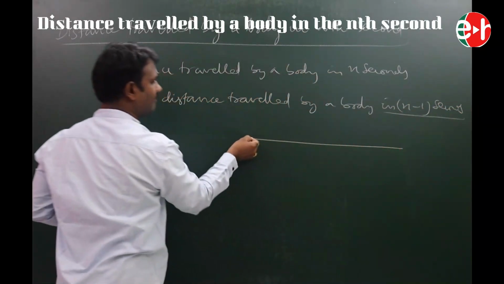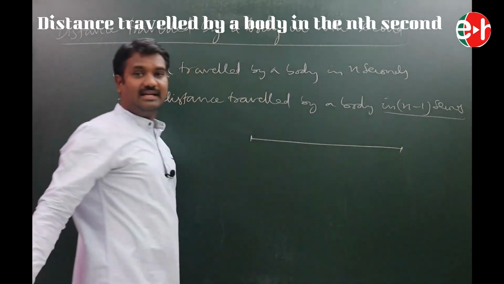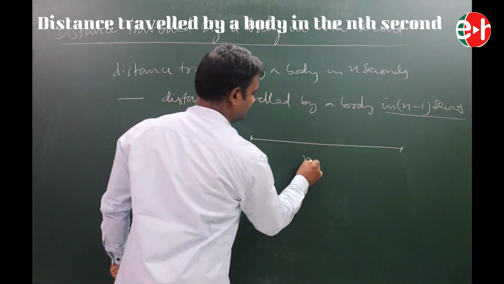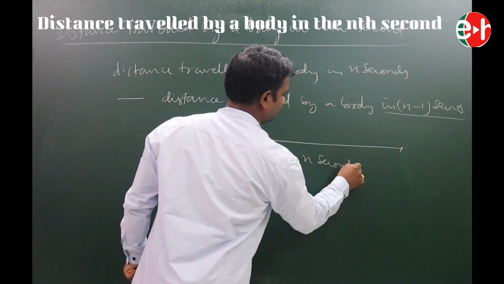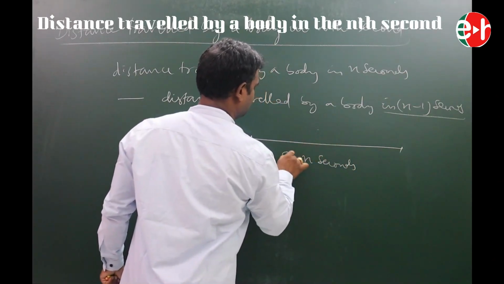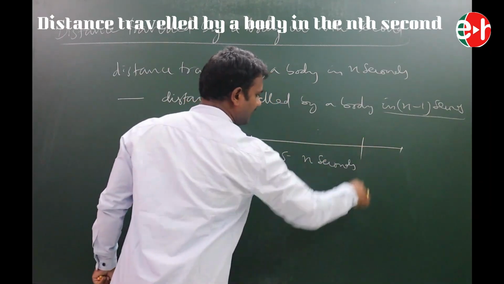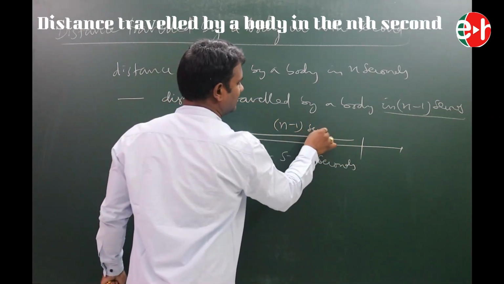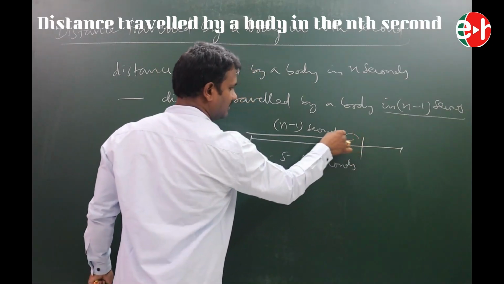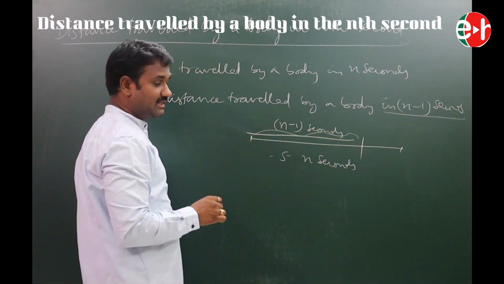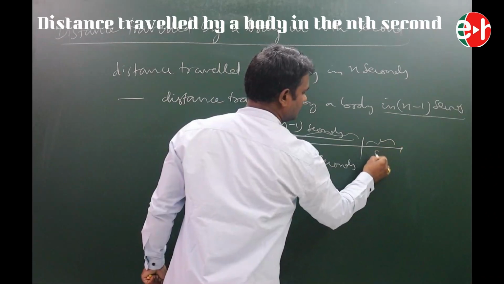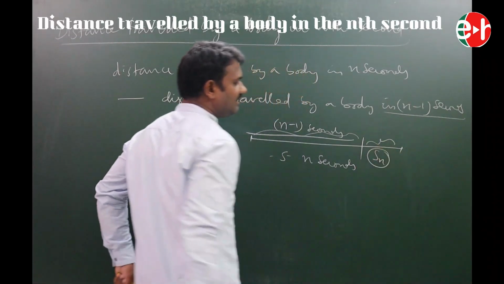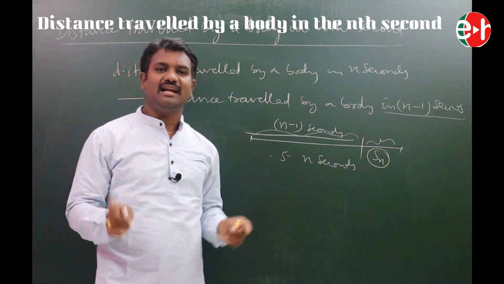For example, this is the distance traveled by a body in n seconds. This is the distance traveled by the body in n minus 1 seconds. Then what is this? Distance traveled by the body in nth second. So this is the key idea behind this.